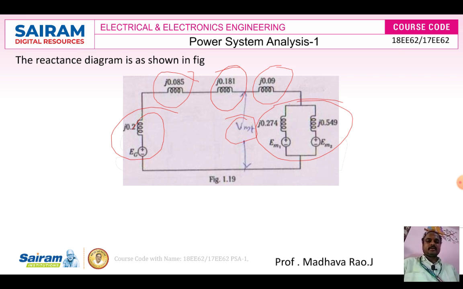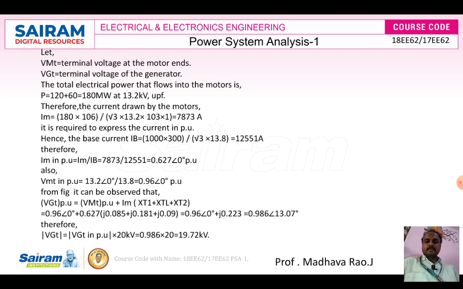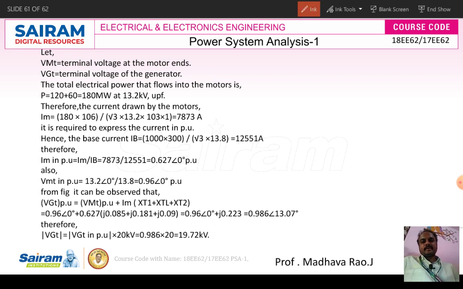Here we first have to calculate the currents, and then we can calculate VMT. VMT is the terminal voltage at the motor, and VGT is the terminal voltage at the generator. The total electrical power of the motors is 120 plus 60, that is 180 MW.